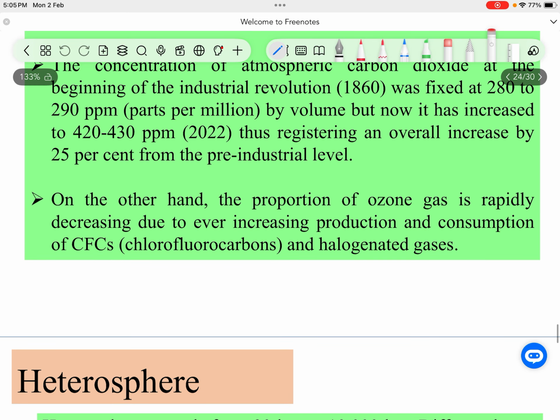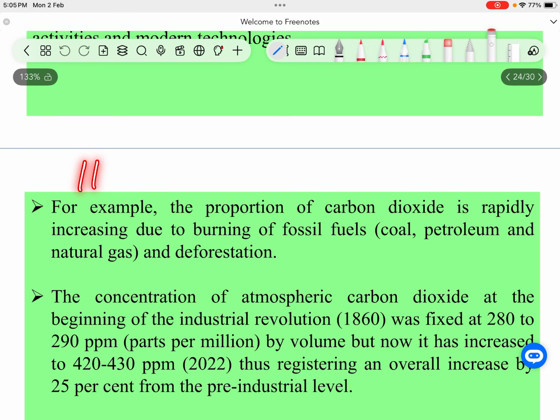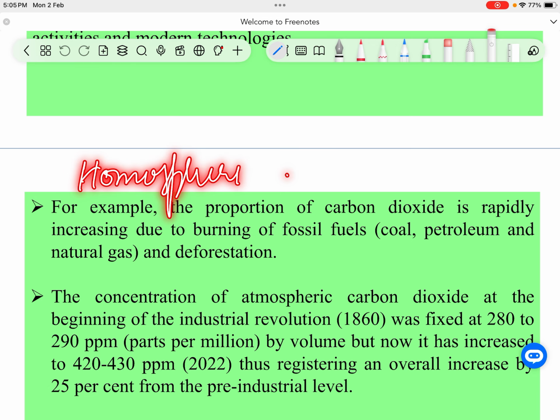So this is basically the homosphere of the atmosphere.